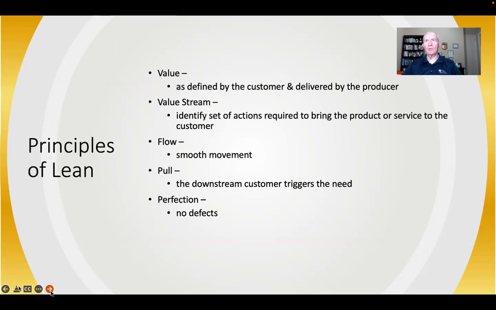In other words, every step along the way is ready to receive the prior step's work, as opposed to having someone wait to get to the next step, which would be pushing the system. And then the ideal principle of lean is that we be perfect. Well, okay. So value, value stream, flow, pull, and perfection are the 5 basic principles of the lean world.